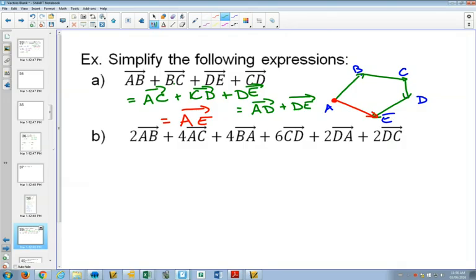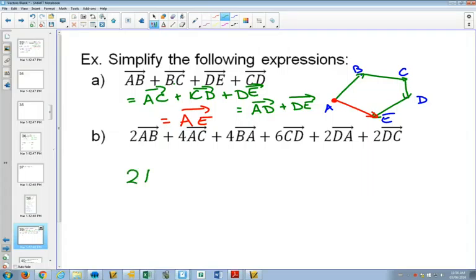In part B, we've got a bunch of different things happening here. We've got 2 A to B's, 4 A to C's, 4 B to A's, 6 C to D's, 2 D to A's, and 2 D to C's.